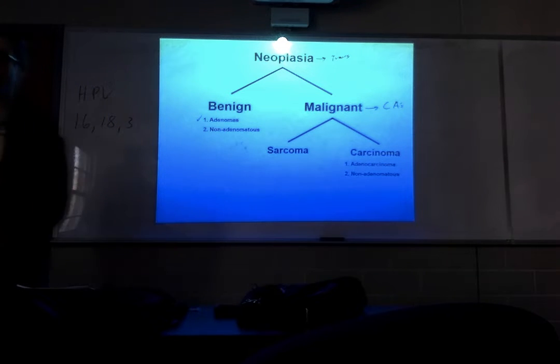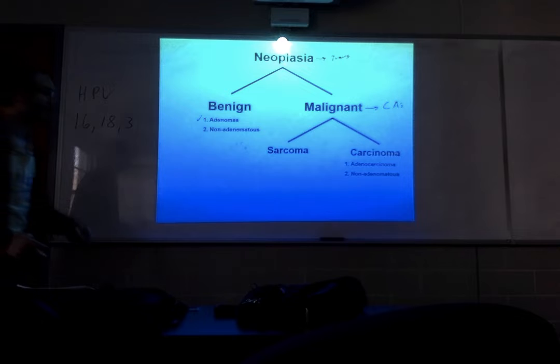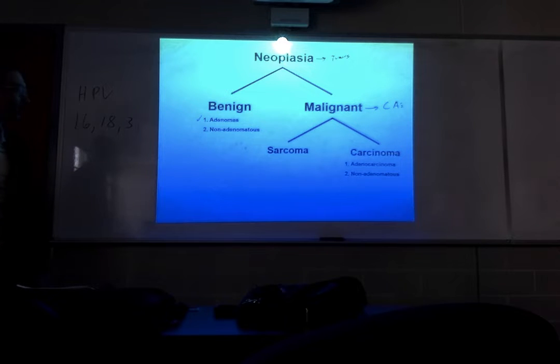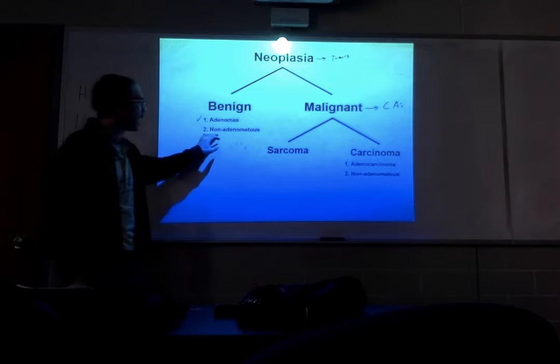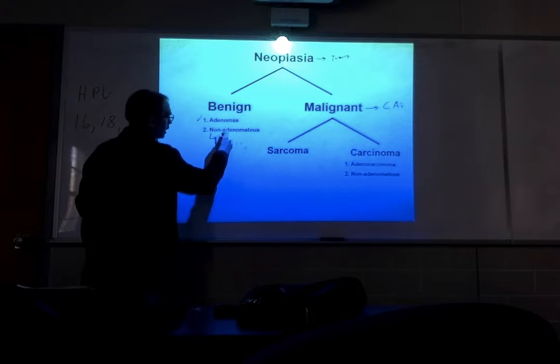Fibroma is a benign proliferation of fibroblasts. Fibroblasts don't normally make glands. They're not glandular tissues. And so when the fibroma proliferates, it does not make glands as it grows. And therefore, a fibroma is not an adenoma. It's what we describe as a non-adenomatous neoplasm. This doesn't make glands.